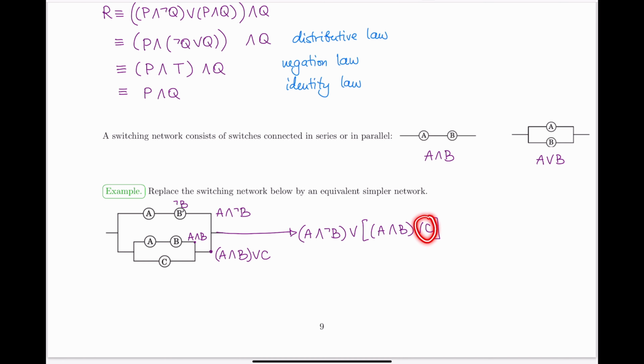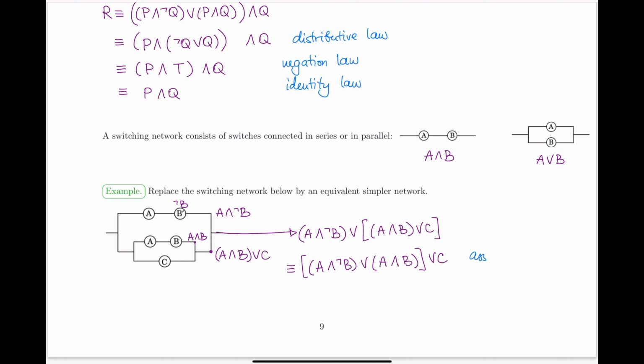This C is not much of a help in terms of simplification, and maybe having these A and B and A and not B expressions together will be more helpful. So the first thing I'm going to do is just that. I'm going to regroup inside the square brackets, and leave my OR C there.